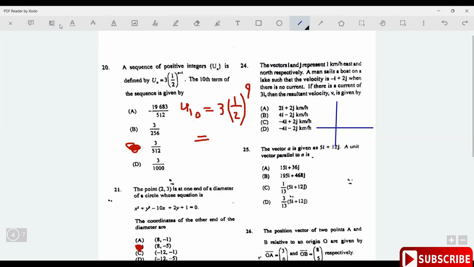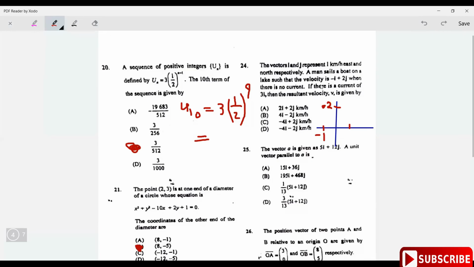Minus i, meaning negative 1, is over here. 2j is somewhere up here.